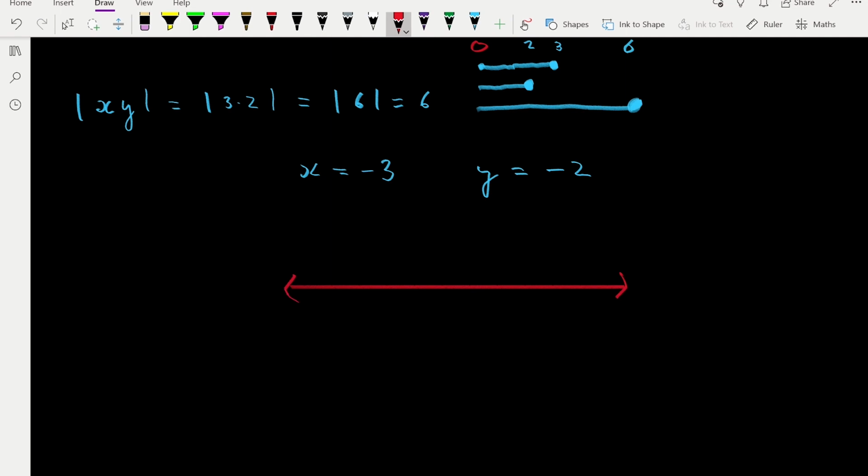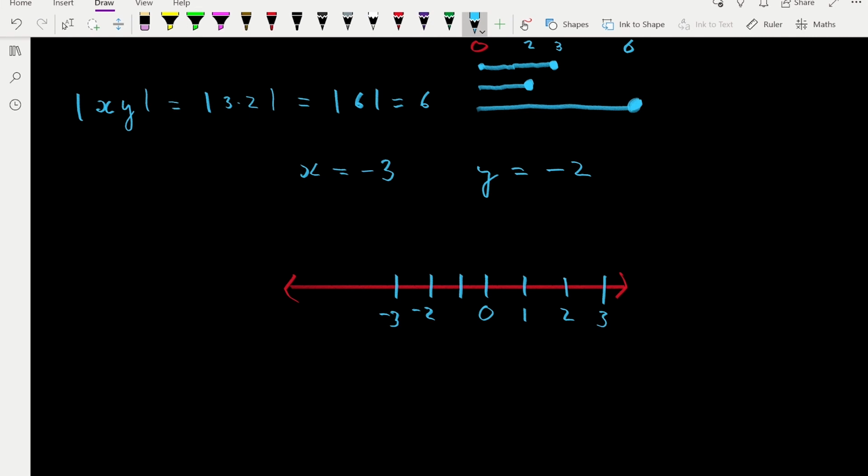Okay, so this is a real number line, and we'll put 0 here. -1, -2. So that's what y is equal to. And then we've got -3. And here would be 1, 2, positive numbers.